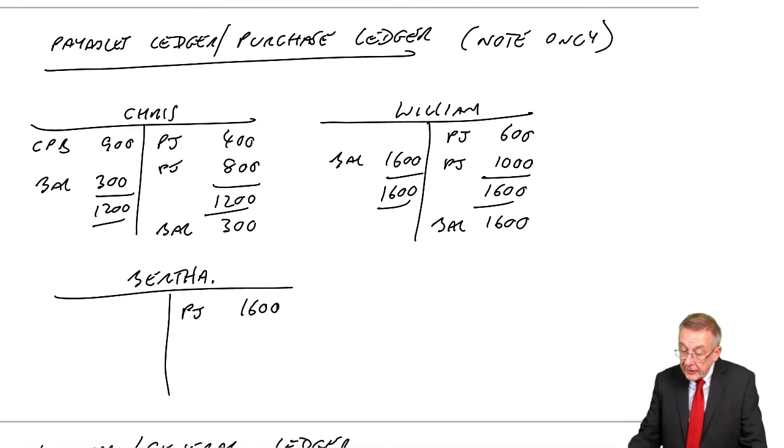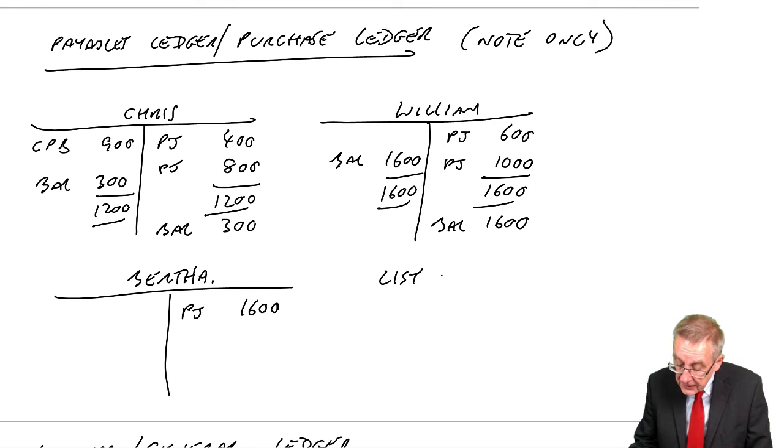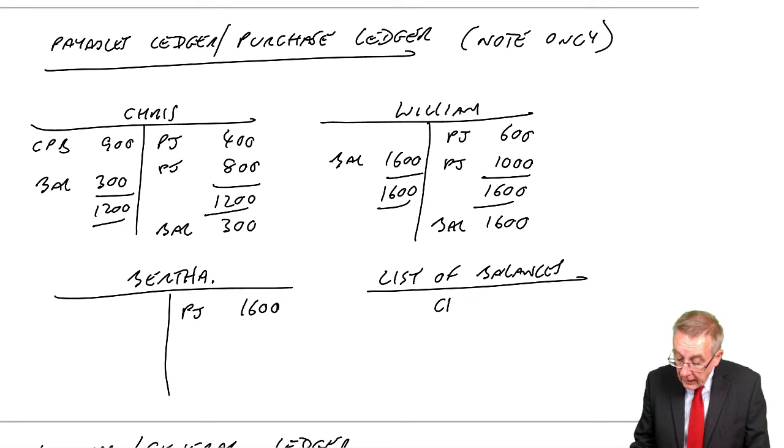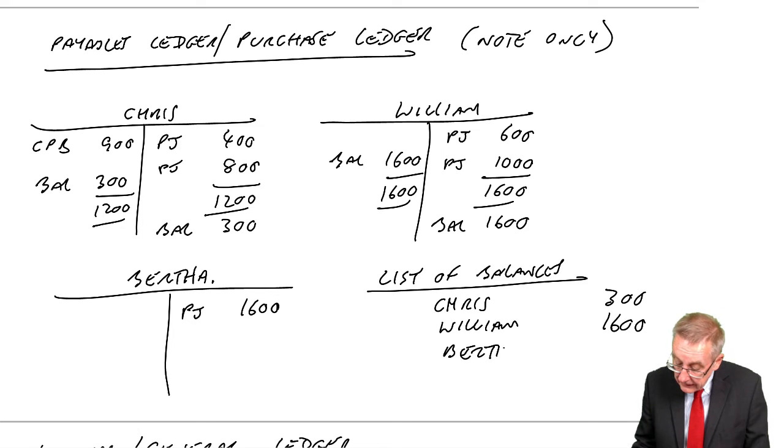And how much do we owe? If I do a list of the balances, we owe Chris 300, we owe William 1,600, we owe Bertha 1,600.